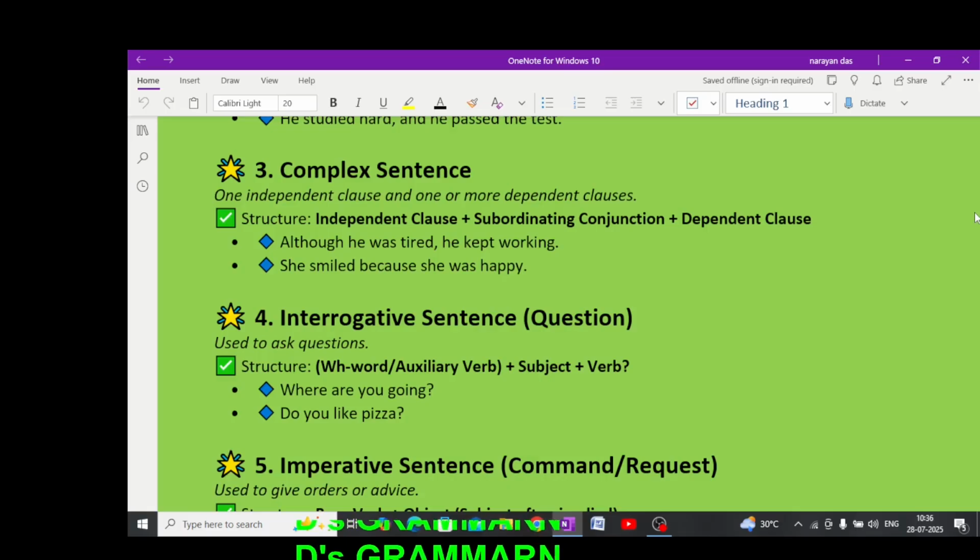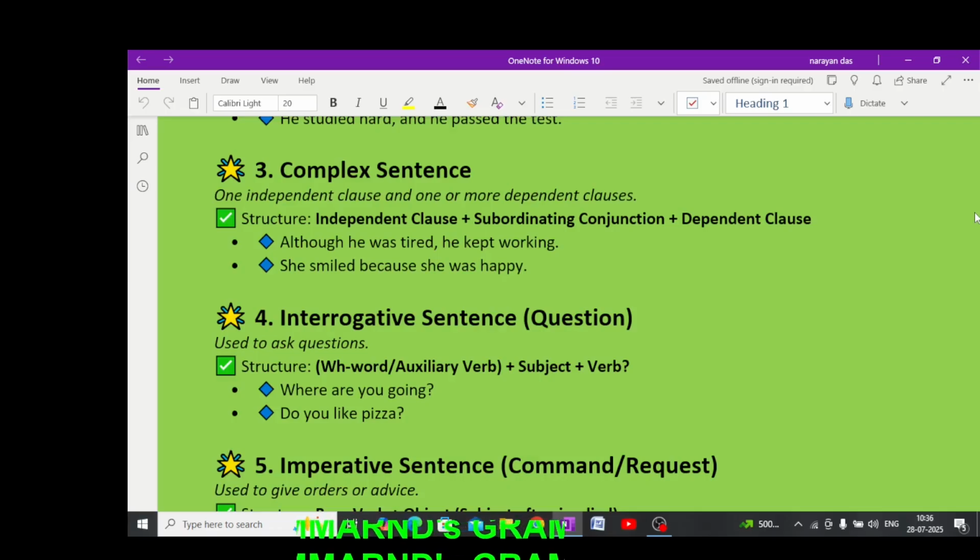Examples are, although he was tired, he kept working. Here, although he was tired, it is a subordinating clause because although is the subordinating conjunction and he kept working is the main clause. He kept working can express the meaning alone.